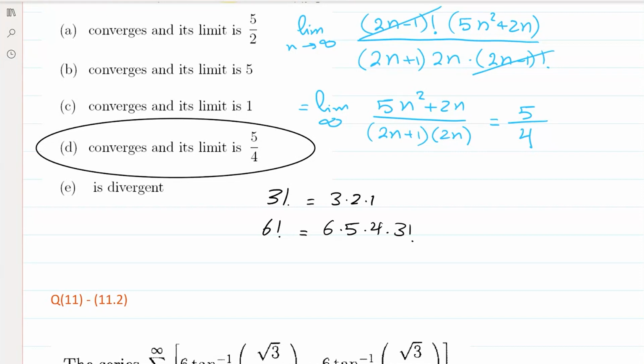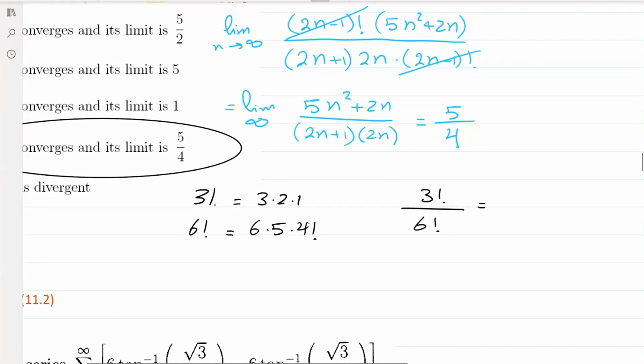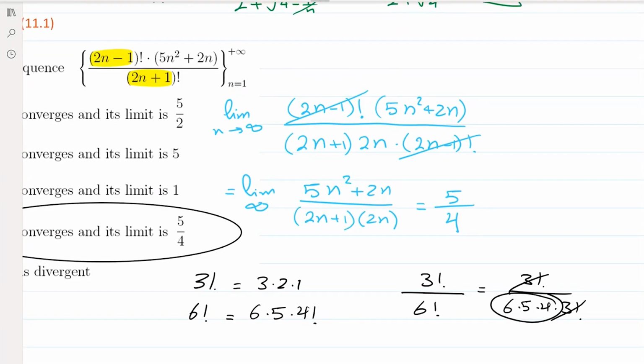Yes. Can I erase the rest and stop here? Yes, why not? Suppose I give you 3 factorial over 6 factorial. It will be 3 factorial over 6 times 5 times 4 times 3 factorial. This one simplifies with that one, and you get this constant. This is the same idea I use here: I start with the larger one and go down step by step until I get this one, then simplify it.